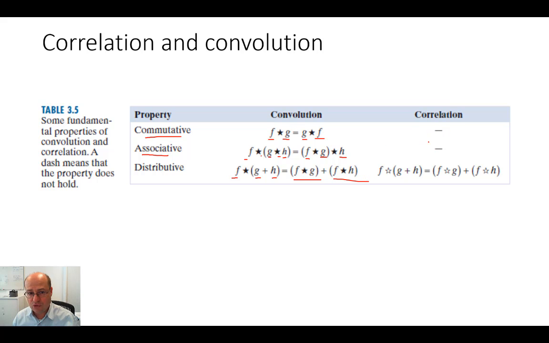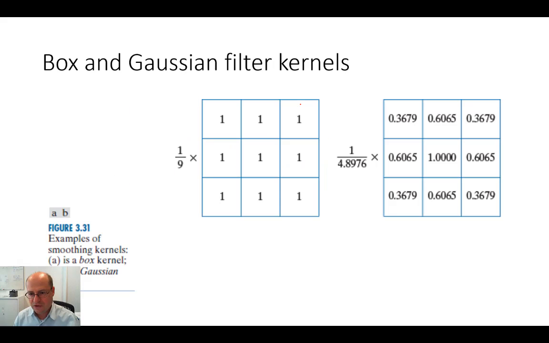Whereas correlation is non-commutative, and non-associative. Correlation is just distributive. So, given these very nice mathematical properties of convolution, it wins on the race of the best linear operator to use.